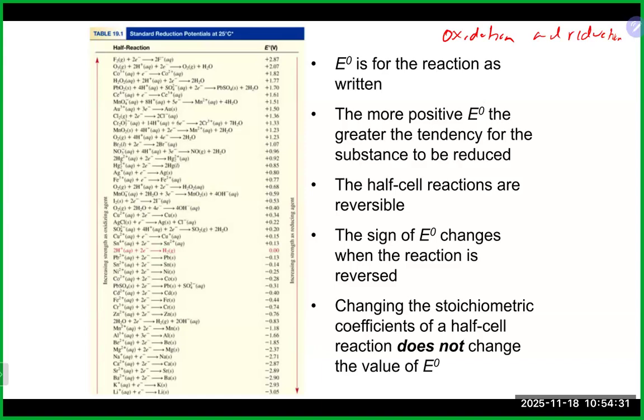What that means is the one that gets reduced is your cathode. So the more positive SRP value will typically be your cathode. The other one would be your anode.